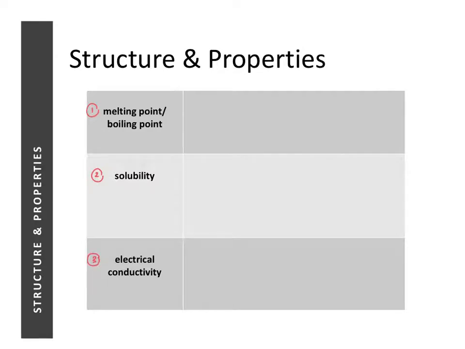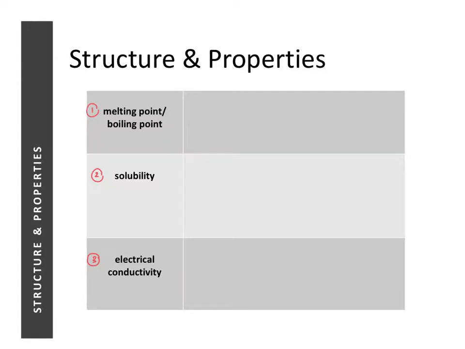Let's look at each one at a time. So melting point, boiling point. In order to melt or boil an ionic compound, we need to move the ions further apart. That means that we need to overcome the strong electrostatic forces of attraction. Since they are strong, you will require a lot of energy in order to move the ions further apart.